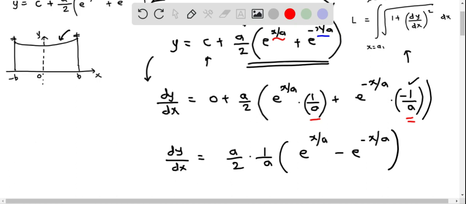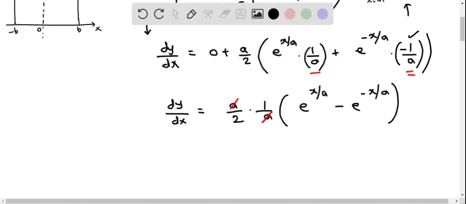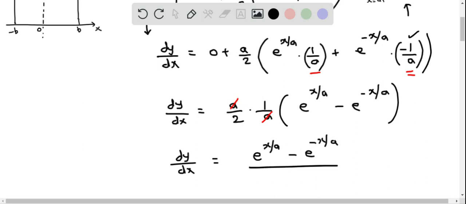So we can cancel this a with this a. So therefore we write this in simple form as dy by dx equals e raised to the power of x by a minus e raised to the power of negative x by a all over 2. So this is the simple form of dy by dx.